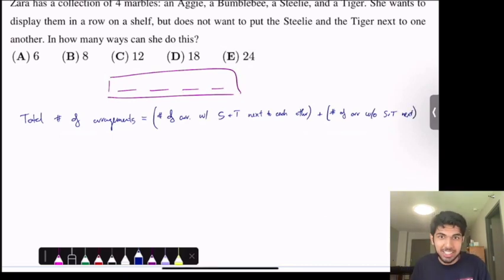Either the Steely and Tiger are next to each other or they're not, and the total amount of arrangements is the total amount of arrangements within each of those subcategories summed together.